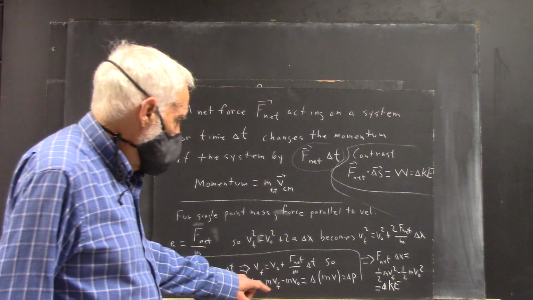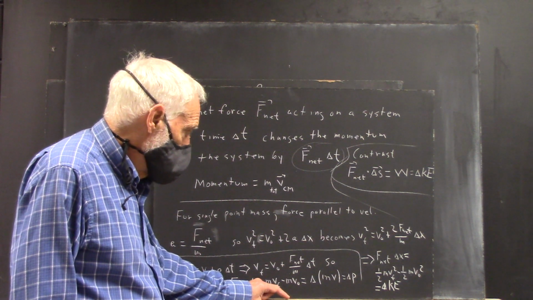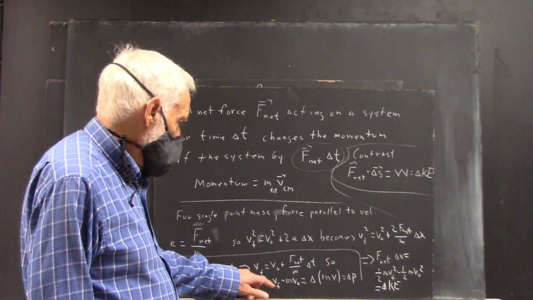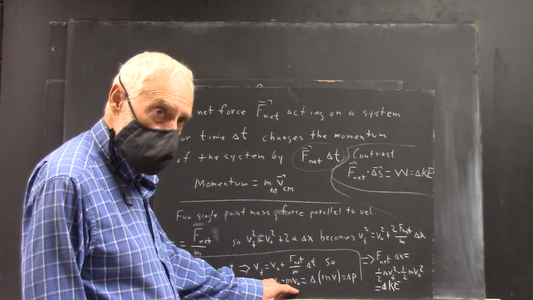So that's m Vf minus m V naught. Kind of maybe remind you of 1/2 m Vf squared and 1/2 m V naught squared, but there's just a first power and there's no 1/2.